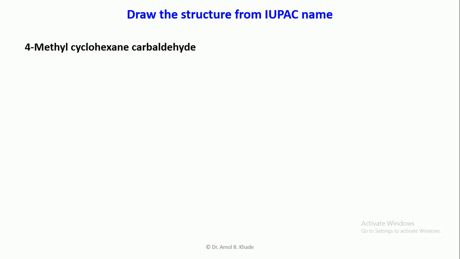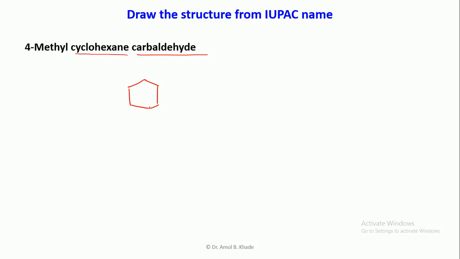Now try the other one, 4-methyl cyclohexane carbaldehyde. Okay, so carbaldehyde is used. Okay, so when we use a carbaldehyde, we have explained in the rule, it is a cyclohexane. Okay, so a cyclic structure like this, then at carbon 4 we have a methyl.